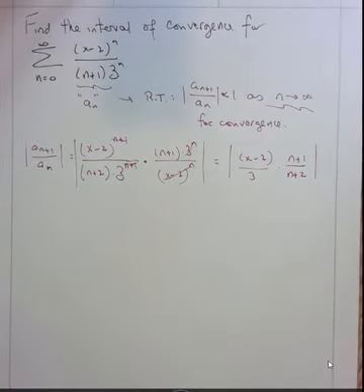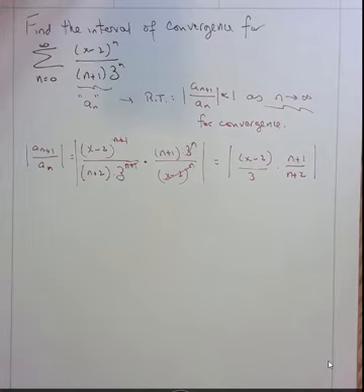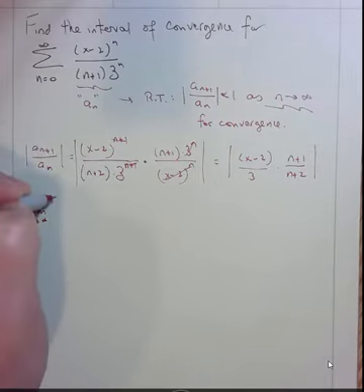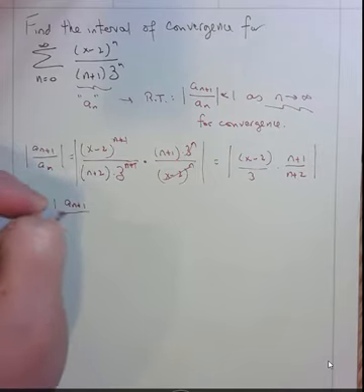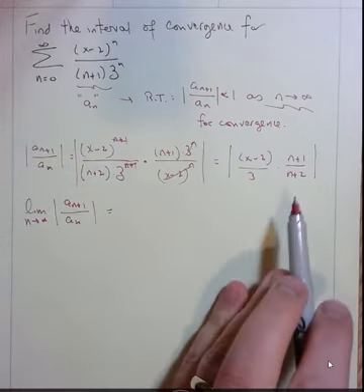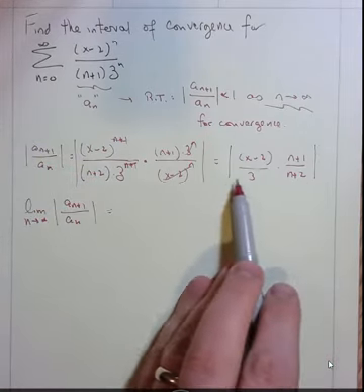I've built the ratio of a sub n plus 1 over a sub n. Now I'm going to let n go to infinity. So the limit as n goes to infinity of a sub n plus 1 over a sub n is equal to the limit as n goes to infinity of this.